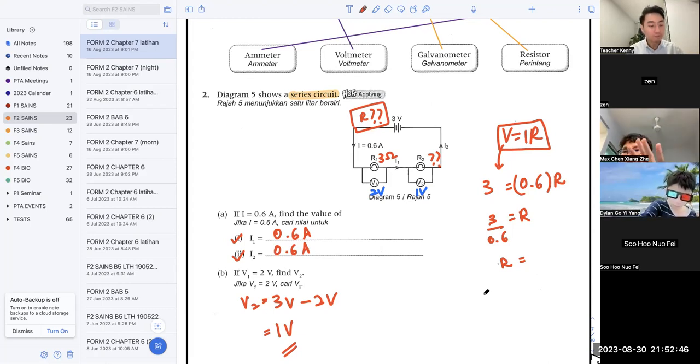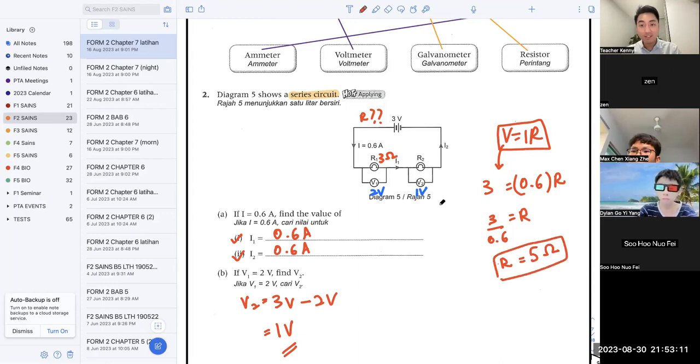Don't write first, I want you to count for me first. Calculator, I need someone to type in the answer. It is 5 ohm. Remember what is this? This is my master R now.